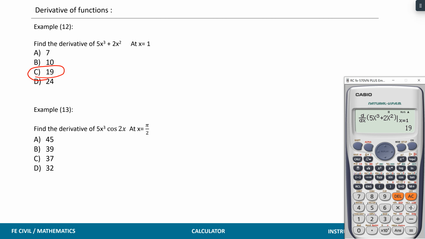The next one, I'm going to start by solving the same way, shift, derivative.